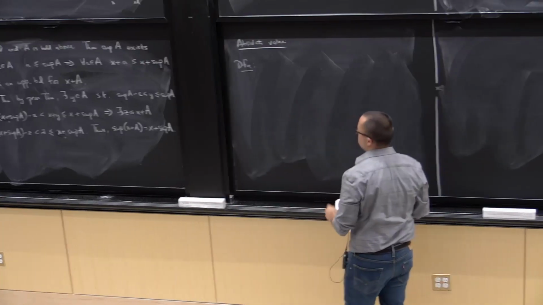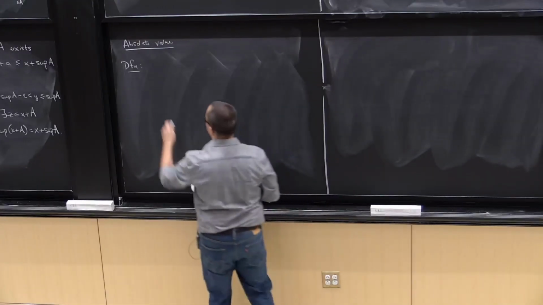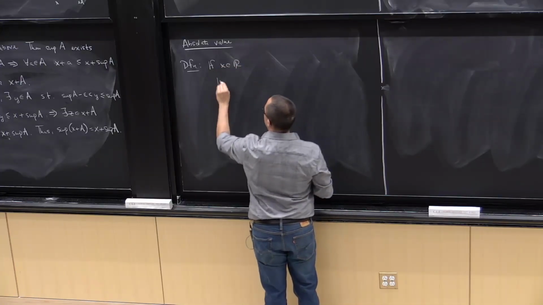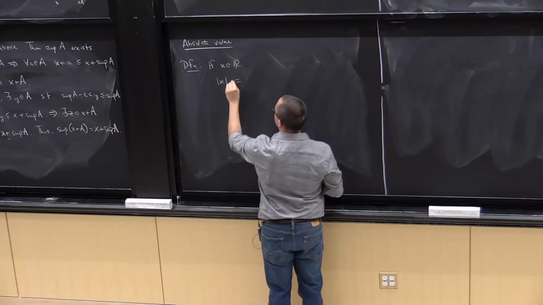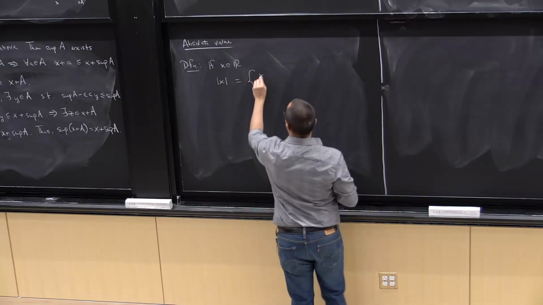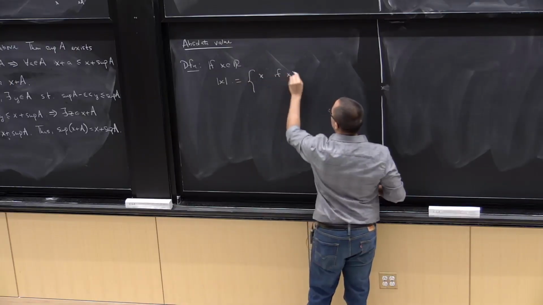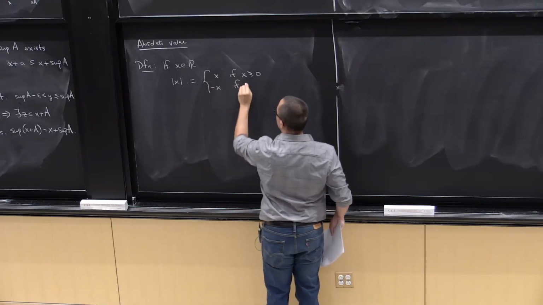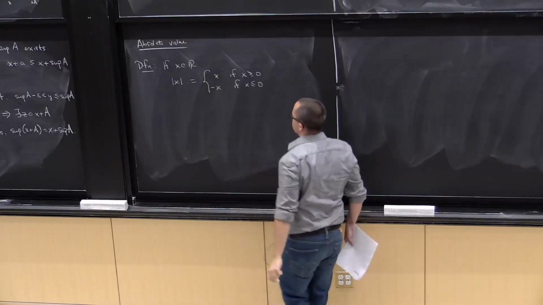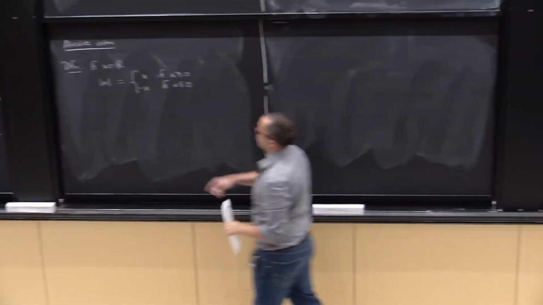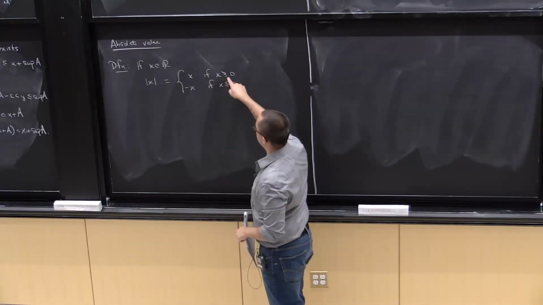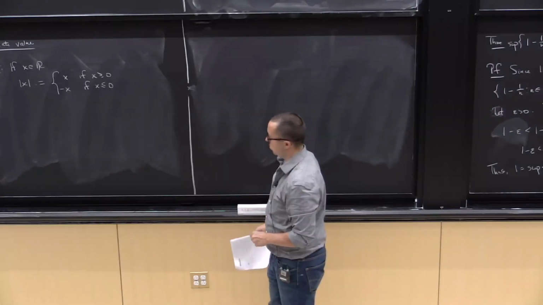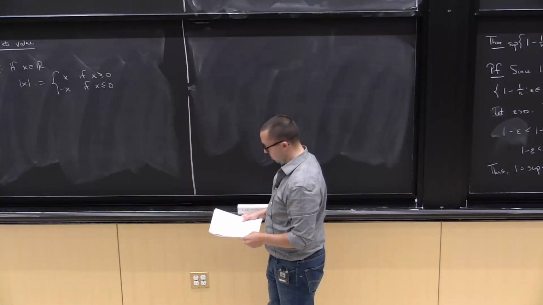At least this is how it should have been defined from your calculus class. If x is in R, we define the absolute value of x. This is either x, if x is bigger than or equal to 0, or minus x, if x is less than or equal to 0. Note that these two things agree when x is 0, so that I'm not defining the absolute value of x to be two different things when x equals 0.